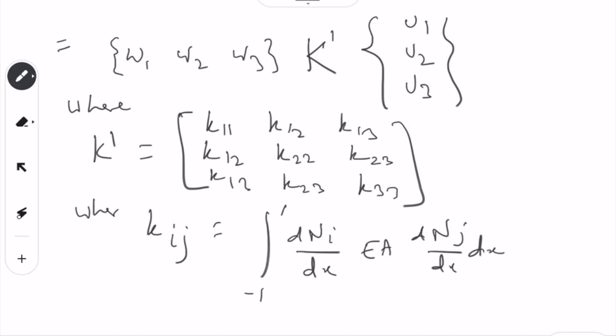We have already derived all those things, we are not doing it for the first time. So we are now going to find out what dN1 over dx and dNi over dx are, and so on.